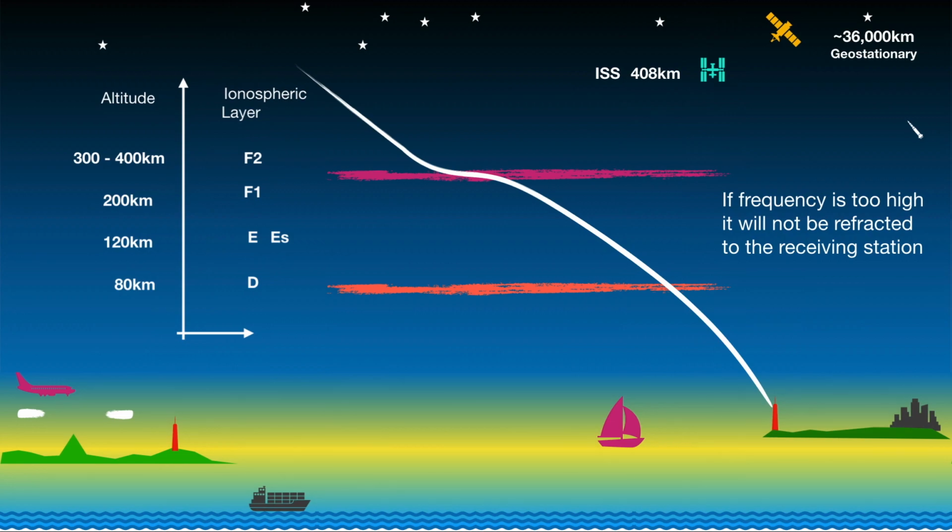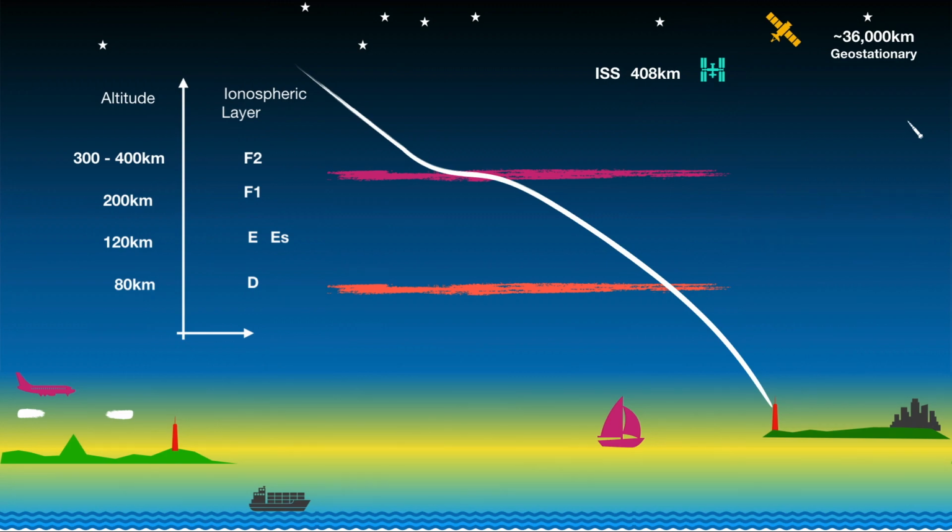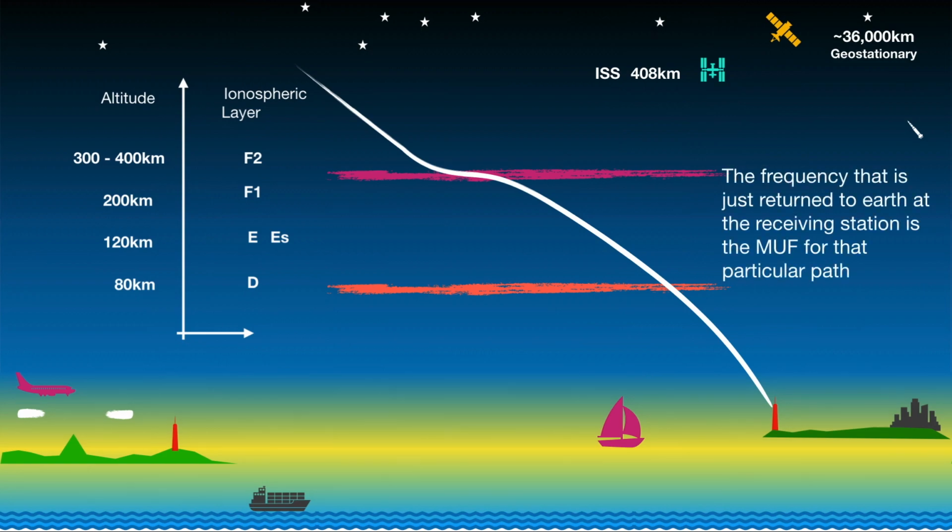If we turn the frequency down a little bit, let's say that was 29 megahertz, and we turned it down to 28 megahertz, we might find then that the signal was in fact returned. And the frequency that is just returned to Earth at the receiving station is the MUF for that particular path, the maximum usable frequency.